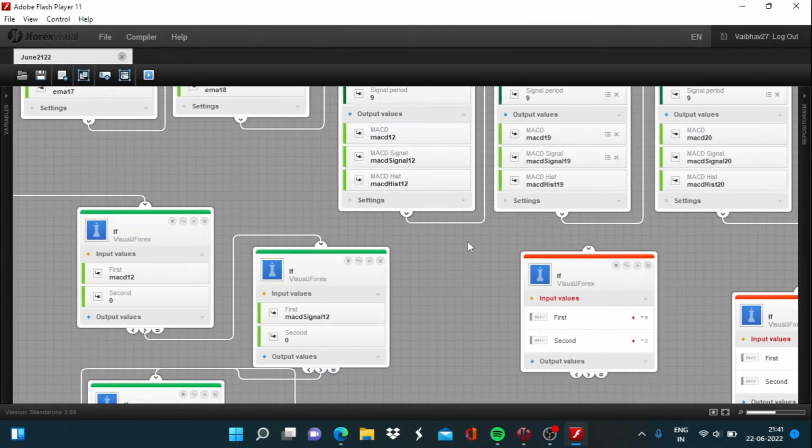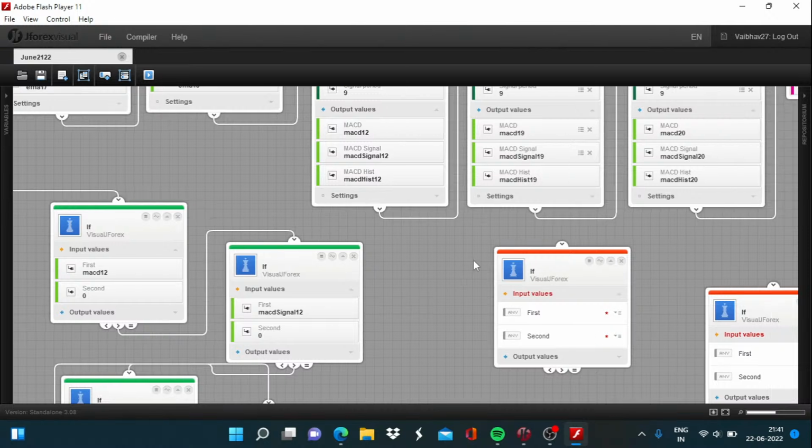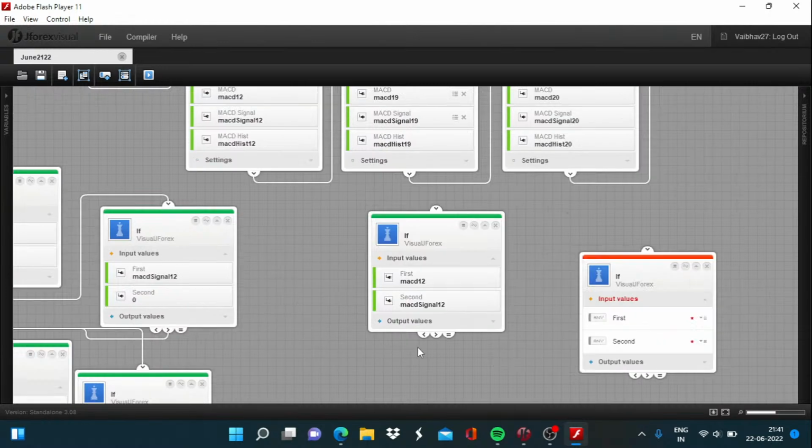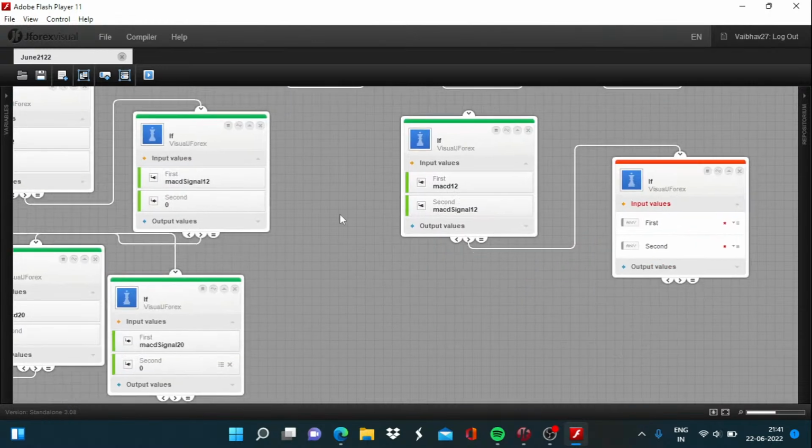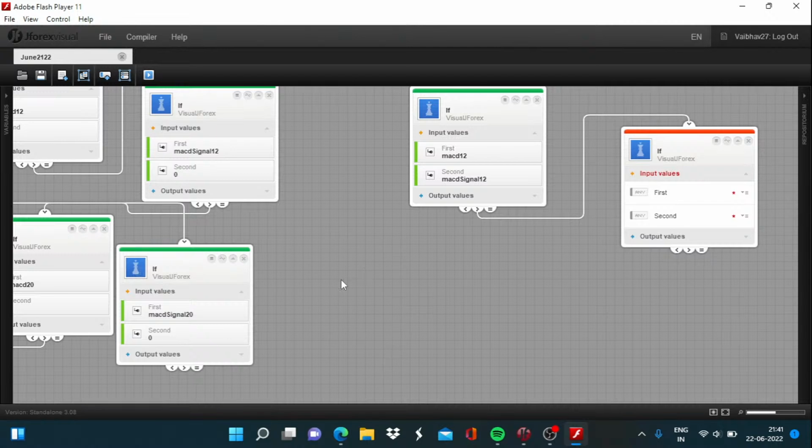MACD 12 needs to be greater than MACD signal 12. First input greater than second input. Here the MACD signal 20 should have been greater than 0.